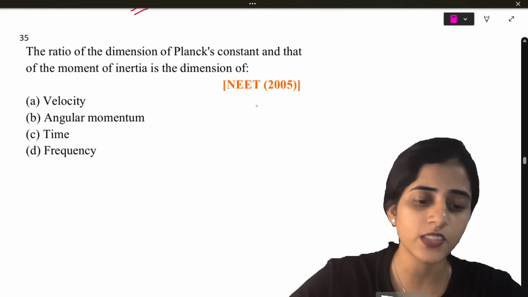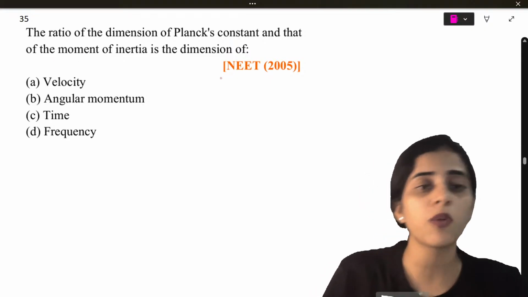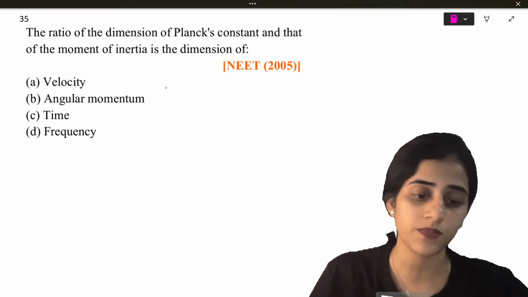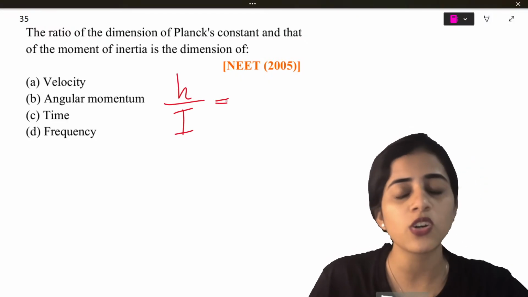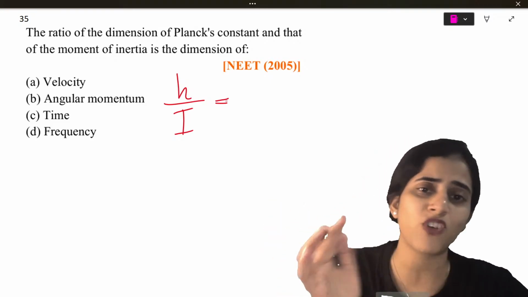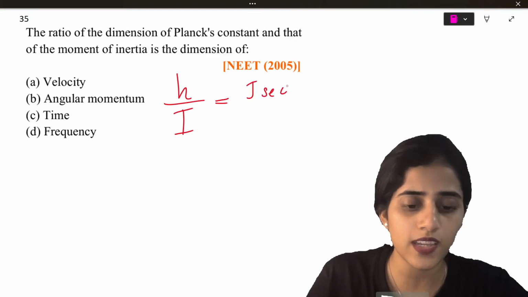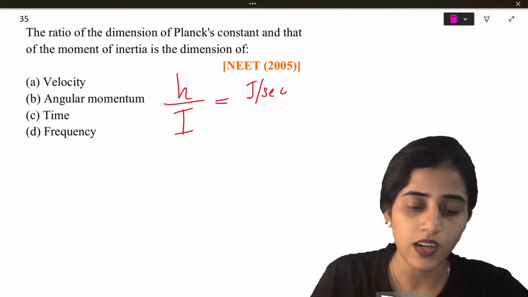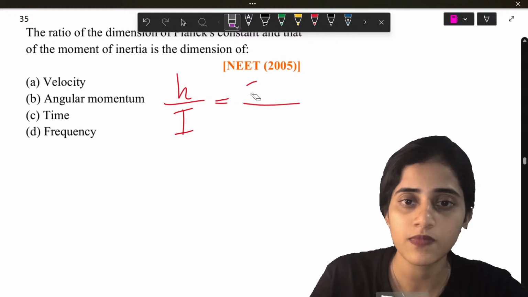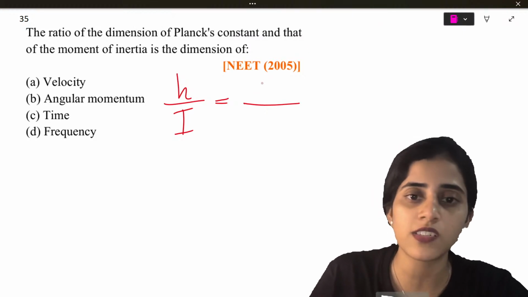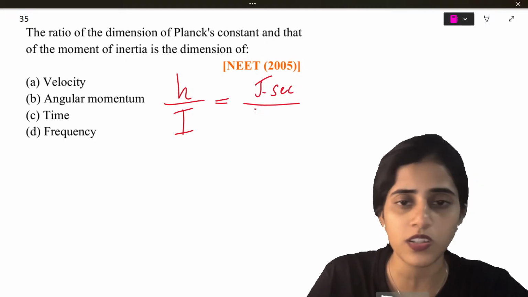Okay. Next question. Question number 35. The ratio of the dimension of Planck's constant and that of moment of inertia is the dimension of what? Okay, so I have to find out the ratio of Planck's constant and moment of inertia. So I am not going to look at the formula and all. I'll just take units. The unit of Planck's constant is joule second, and then the unit of inertia is what?